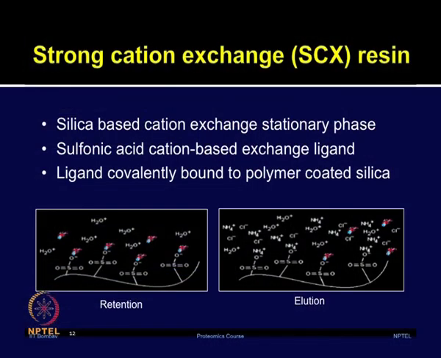Let us now talk about another separation technique which is also commonly employed in proteomics, which is strong cation exchange or SCX. In SCX resin, a silica based cation exchanger is used as the stationary phase. Sulfonic acid cation exchange ligands are used. These ligands are covalently bound to the polymeric coated silica. As I have shown in the slide, there are two important phenomena here.